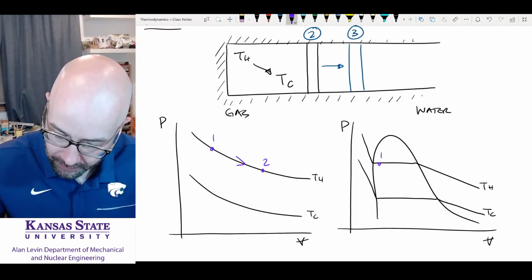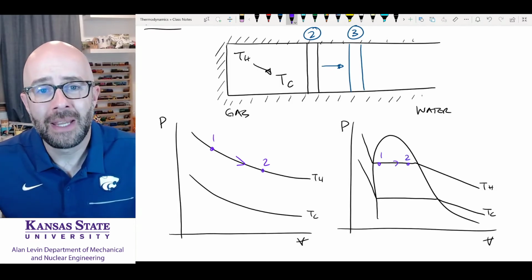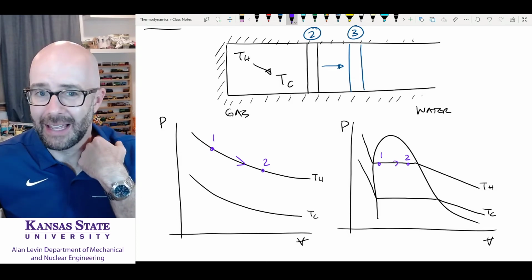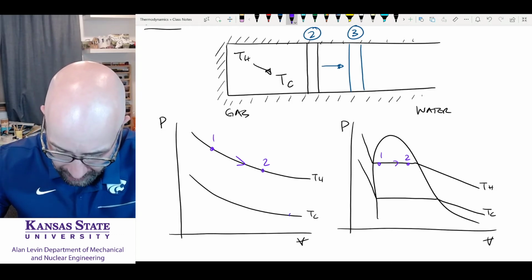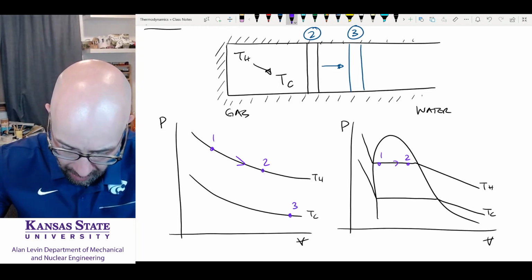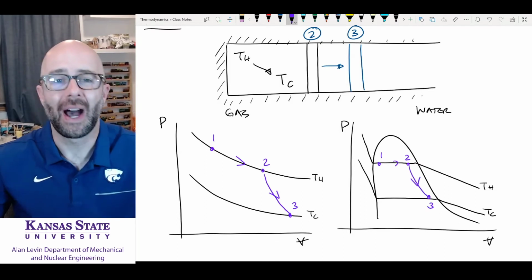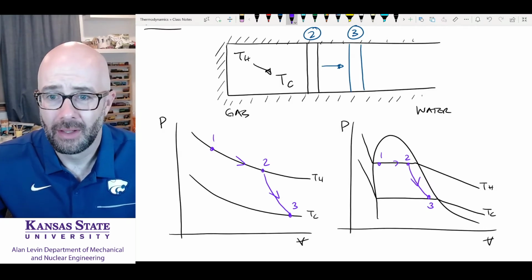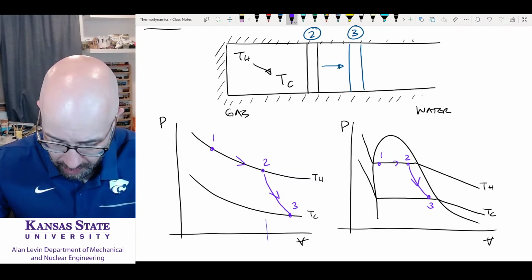Here, 1 to 2. It's very important for me that you understand, even though these are drawings and they're not going to be exact and they're not going to be perfect, that you put point 3 over here. Okay? That you put point 3 over here. That's a big deal to me. Why? Because it's expansion. There's going to be a change in volume here from 2 to 3.